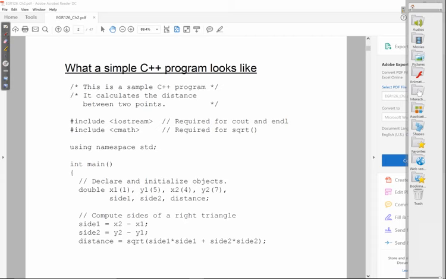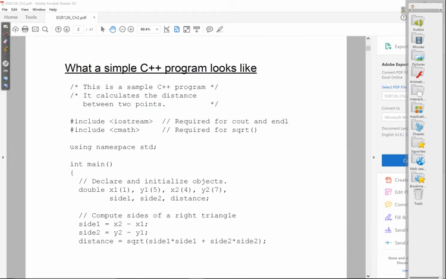So the 2 slashes are used to place comments on the same line as actual C++ code. When you use the slash asterisk and the asterisk slash, you don't put any C++ commands on the same lines as those comments. But when you put the 2 slashes, those comments are put on the same line as C++ commands.